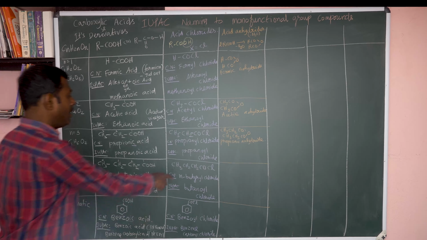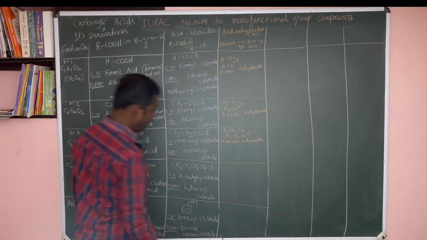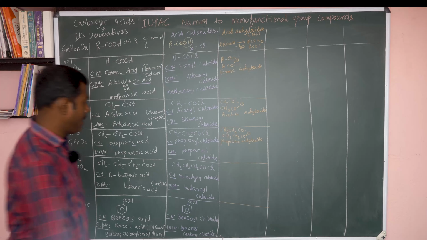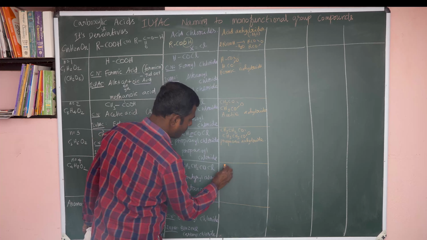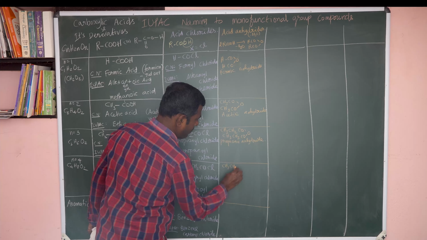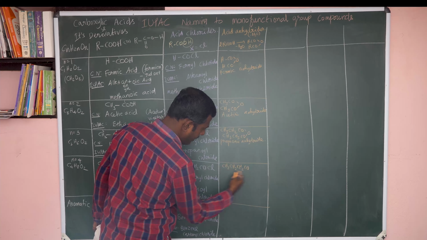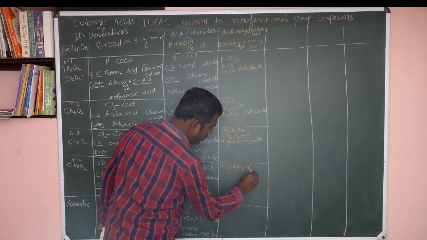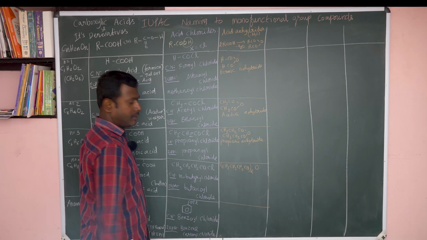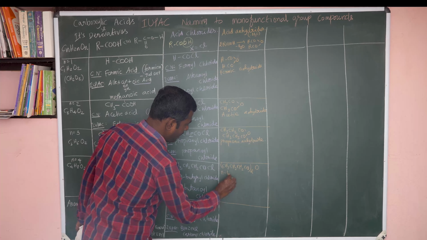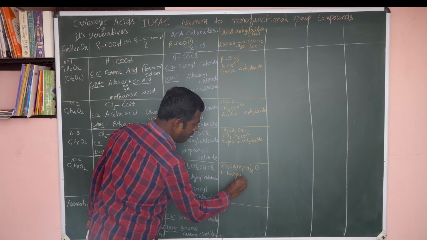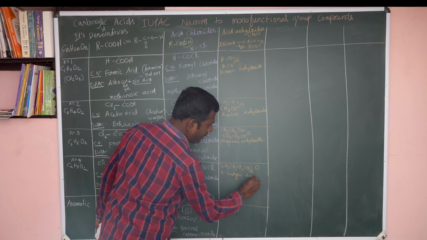And what about n-butyric acid? CH3CH2CH2CO, one more structure like this, so I simply write it twice with one O. So this is n-butyric anhydride.